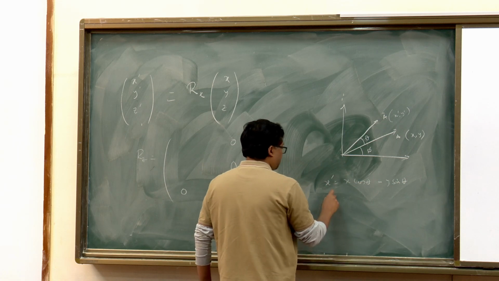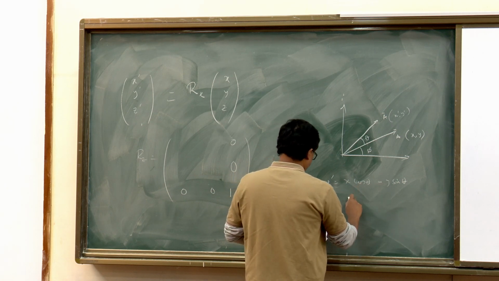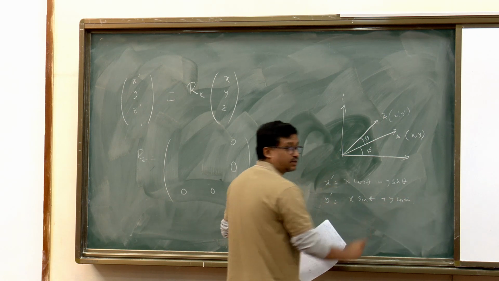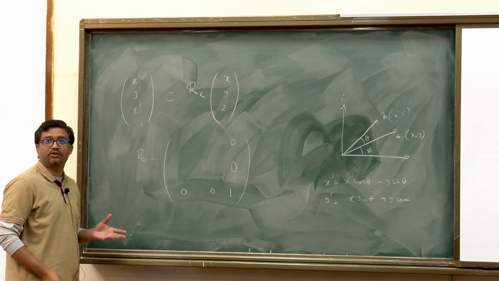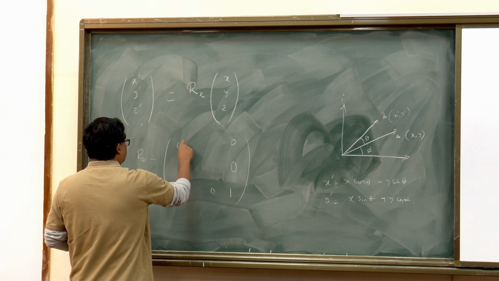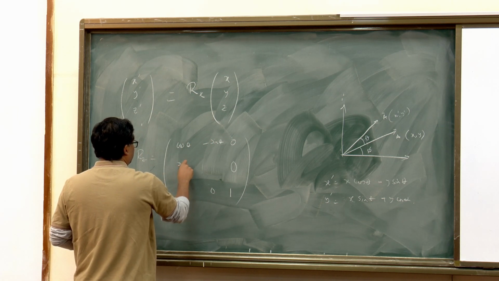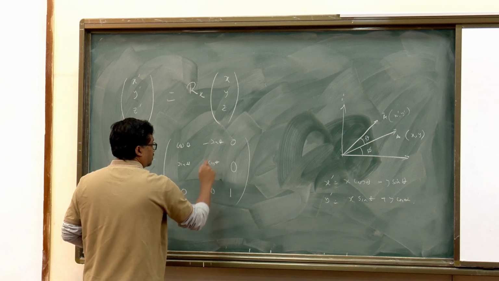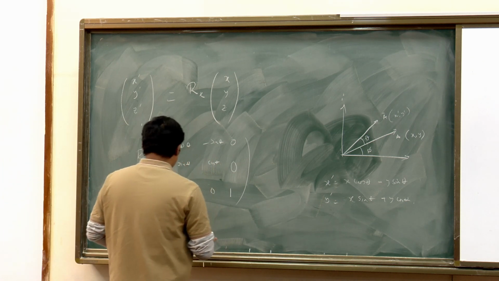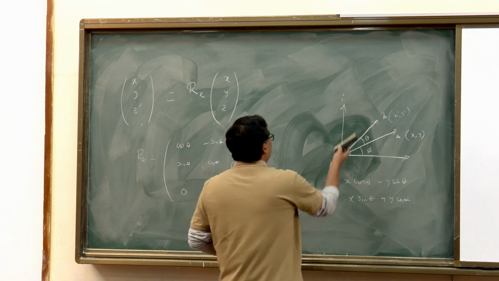Similarly, y prime you can find out, it would be x sin theta plus y cos theta. You have seen this before with finite rotations. So we will put that here: cos theta, minus sin theta, and sin theta, cos theta, and z prime remains the same. Okay, now we have to derive the forms of Ry and Rx.